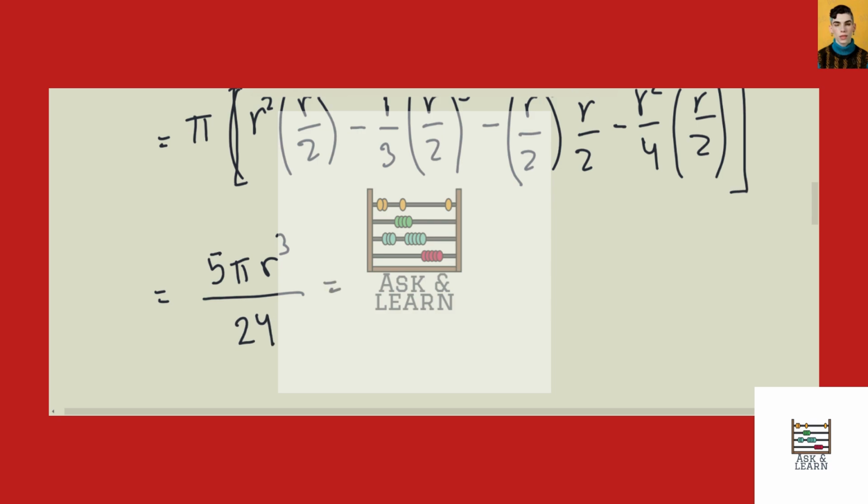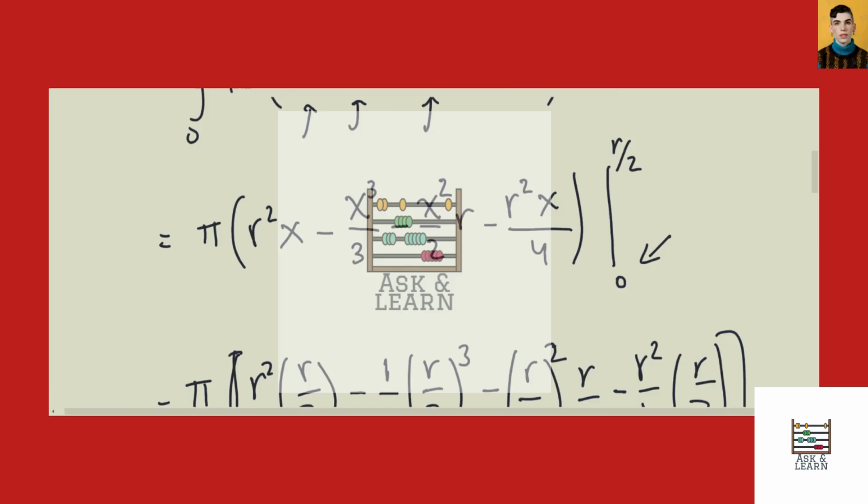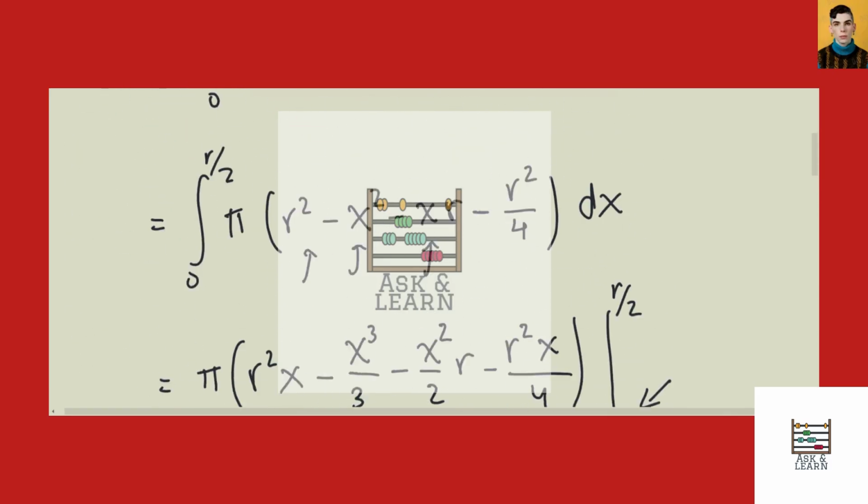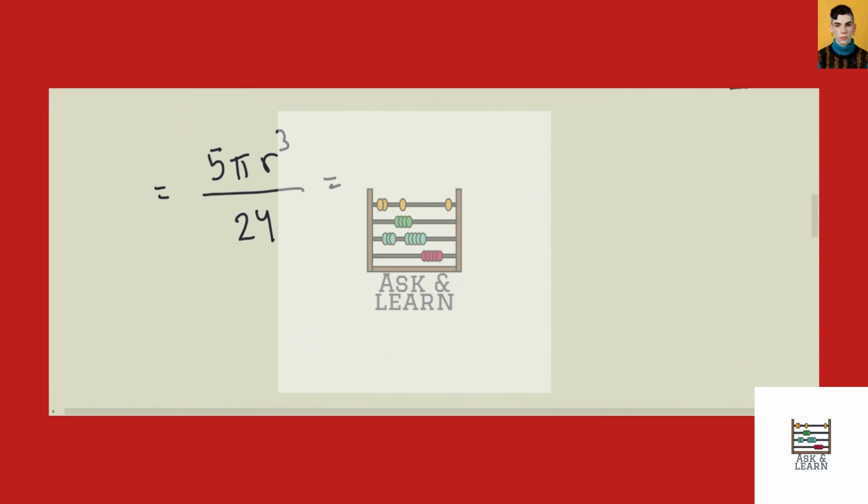And we are given that the radius of the circle is just r, so we are going to leave it like that. And finally, the total volume is 2 times the volume that we have obtained.